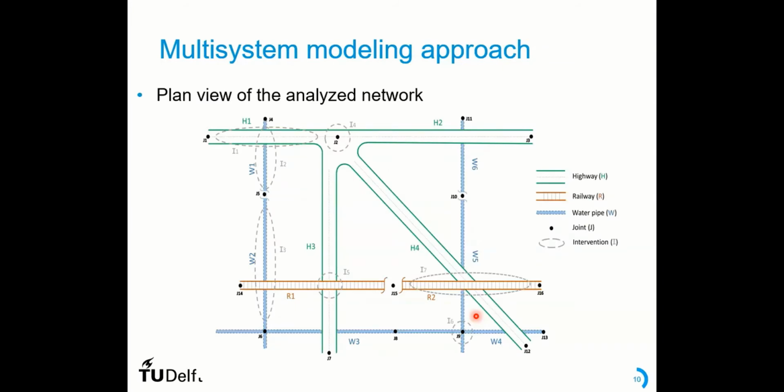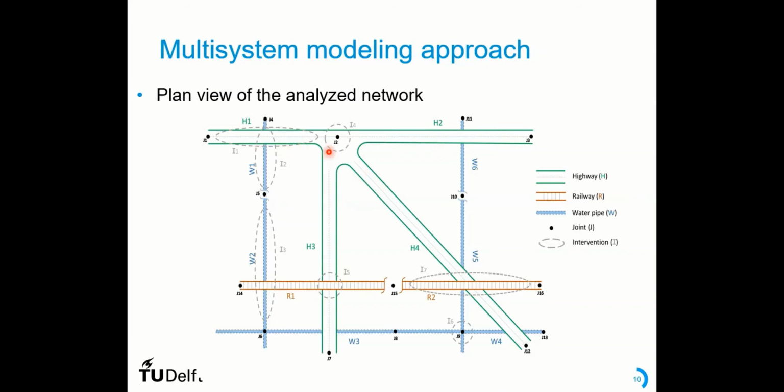Now to help me better explain those two different matrices, I will introduce a small example here. This small network that we are also going to use later on in the example. What we see here is a small network for three small infrastructure systems.